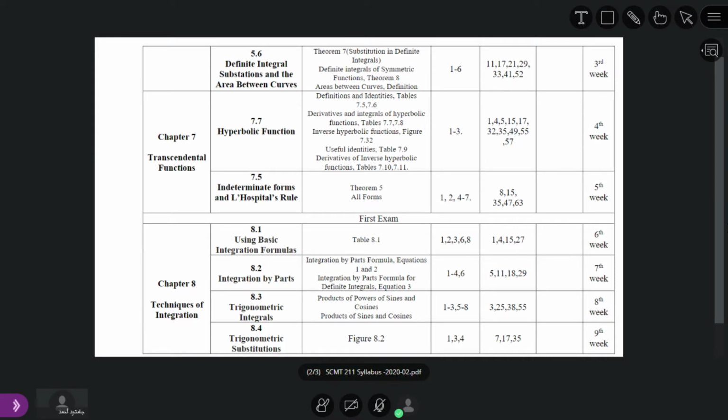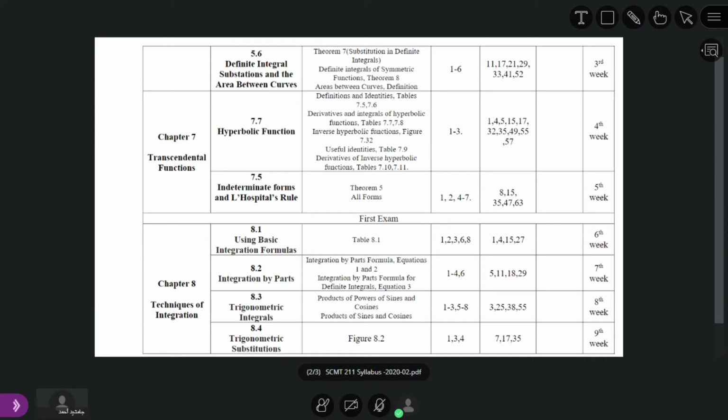To solve this, we will categorize that this function is first, this is second, and we will have certain formulas to solve this. Also if we have an exponential function and a trigonometric function, then by different formulas we will evaluate and solve these by the method of integration by parts in 8.2.